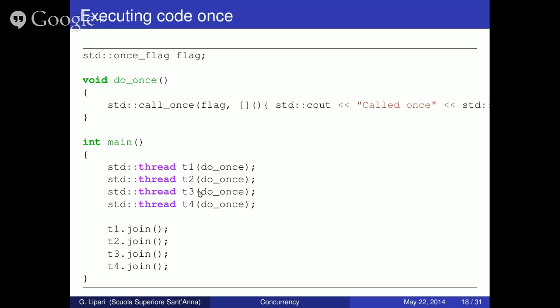When I create three threads, and all of them execute the same code, what happens is that this is executed only once, exactly what we mean by call once. As I said, thanks to this flag and this API, we can call a certain function just once.